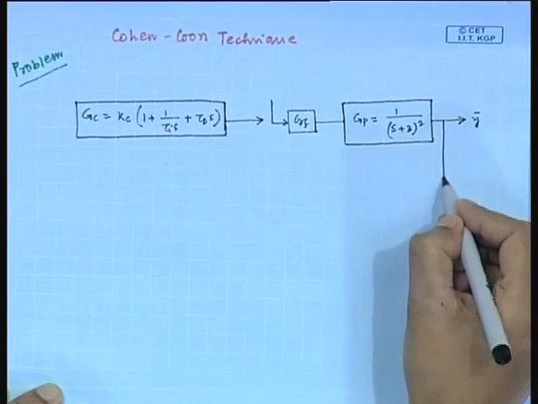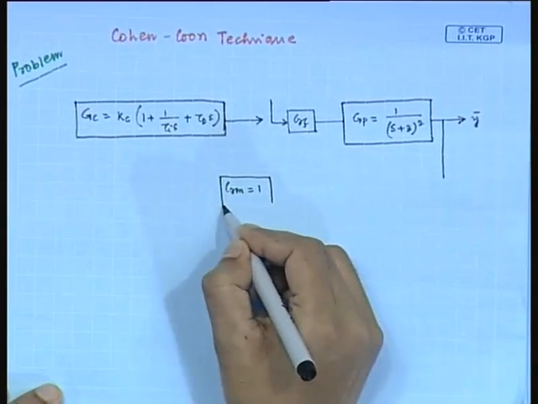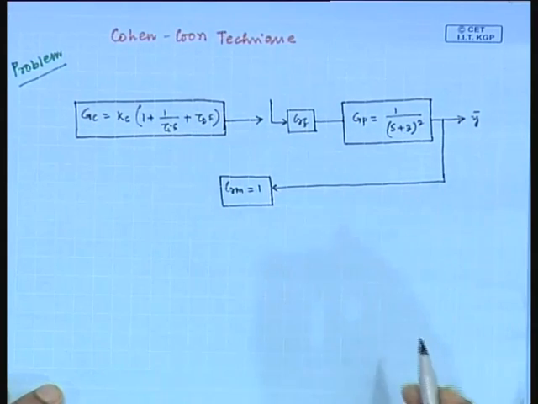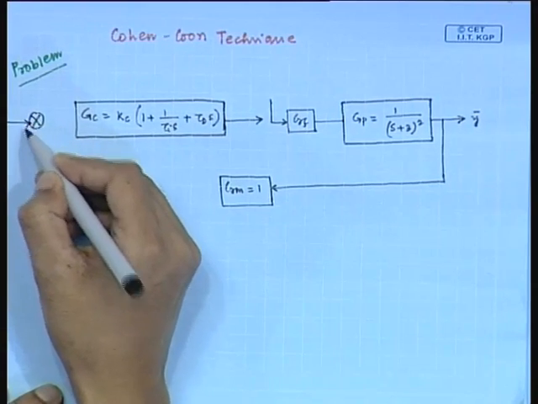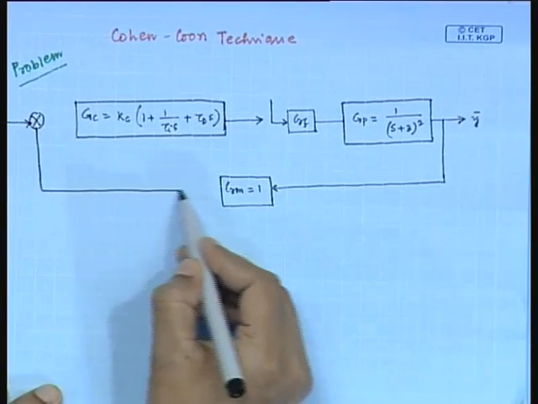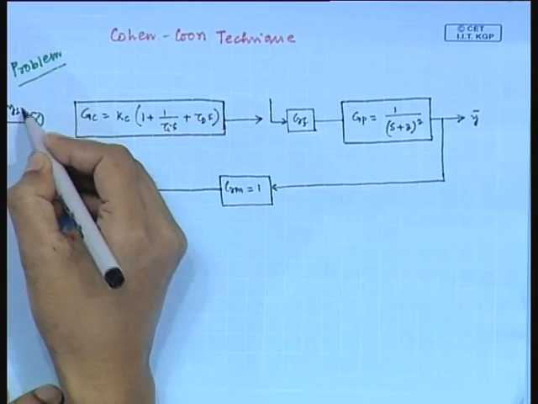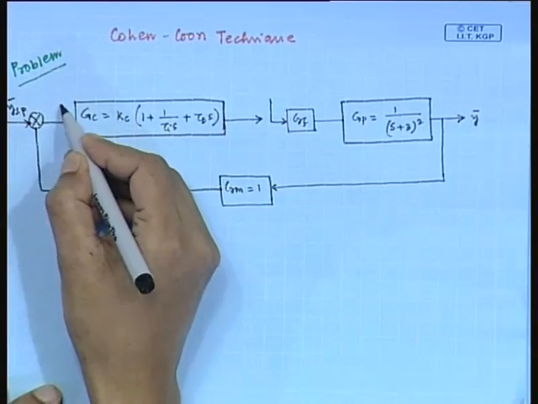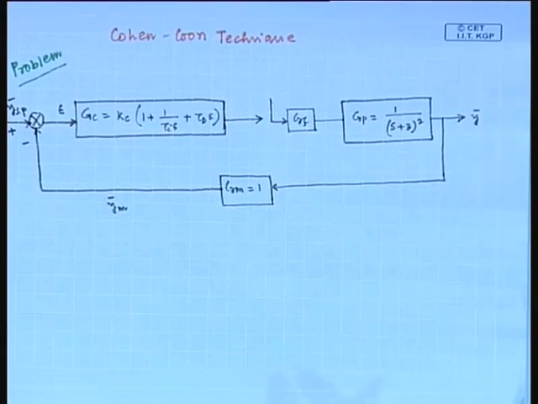Then this output is measured, and the measured signal is then compared with the set point value. So, this is basically not the closed loop block diagram, we have disconnected it here.